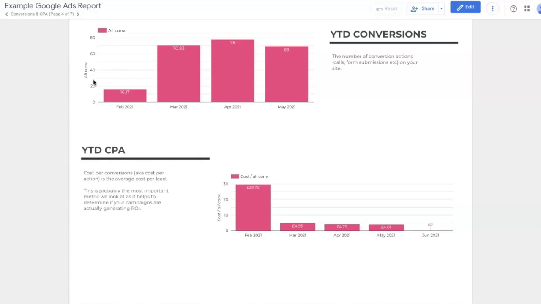If your conversion tracking isn't accurate, for whatever reason that may be, your cost per conversion and conversion data will also not be accurate. This may occur if you make changes to your website that affects our tracking and do not inform us.